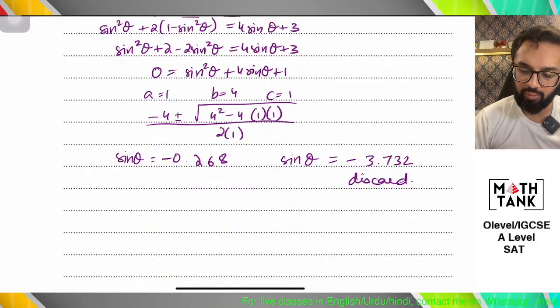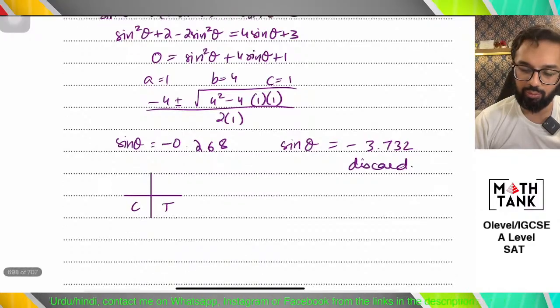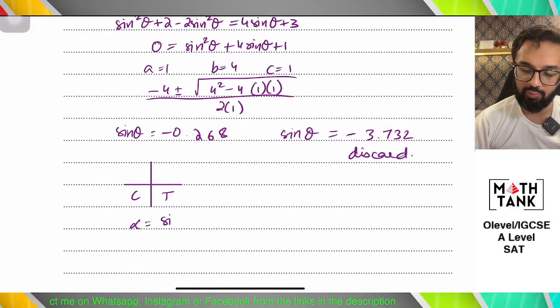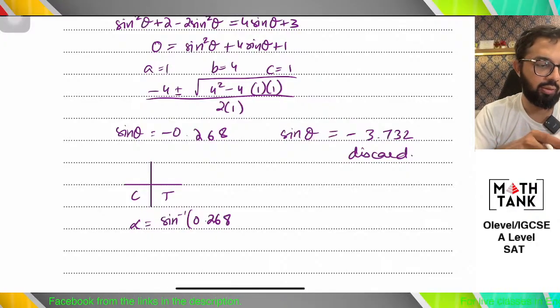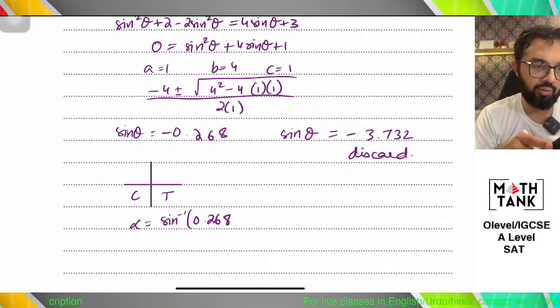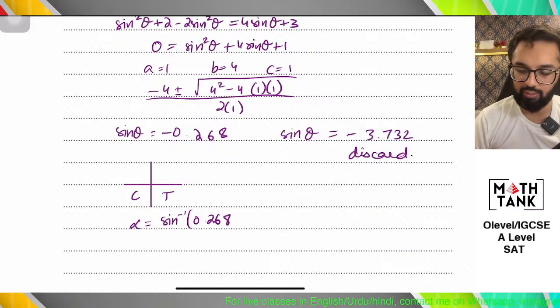Okay, I draw my quadrants here. So I am looking for sine is negative, so either in C or in T. Alpha is sine inverse of 0.268. My calculator is in degrees.